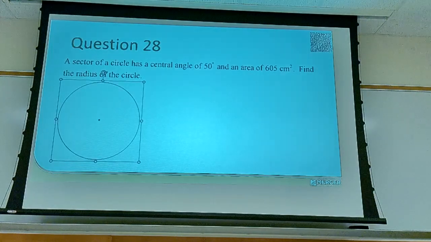A sector of a circle has a central angle of 50 degrees. Let's draw that out first.